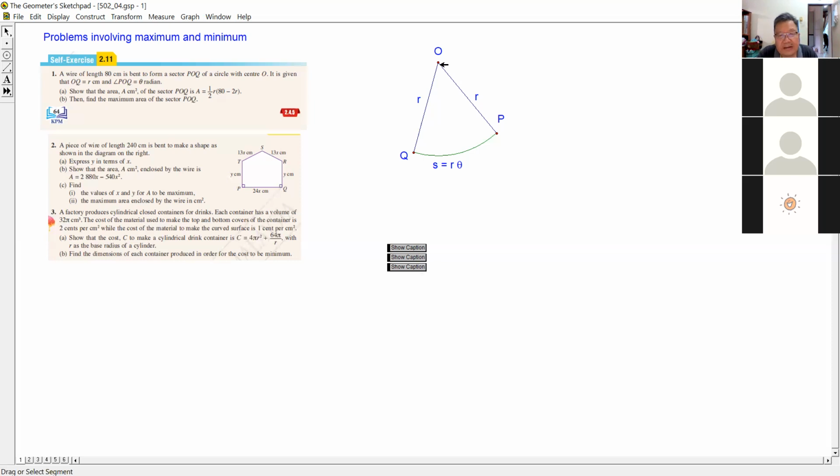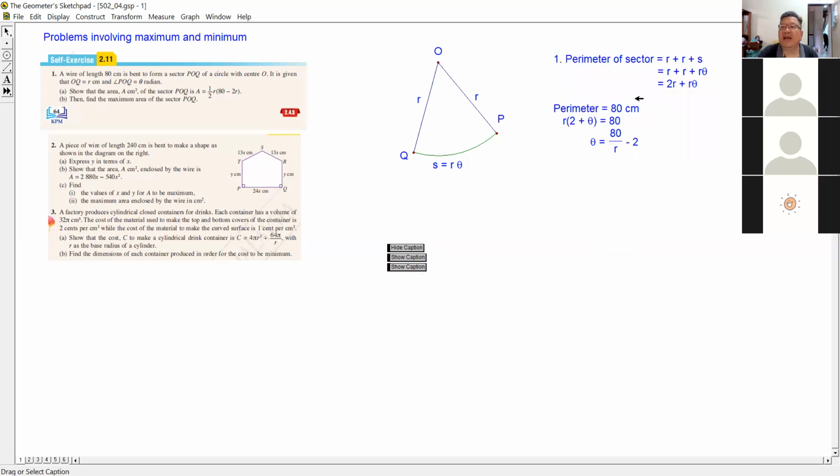If the wire is 80 centimeter, it means that the perimeter of this sector, the three lines added together, is equal to 80 centimeter.